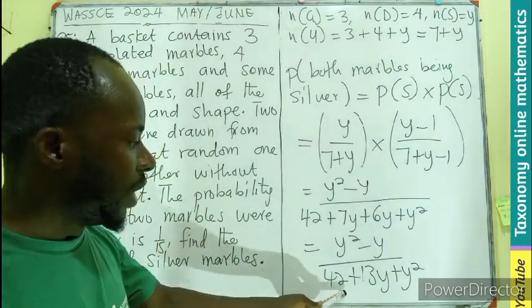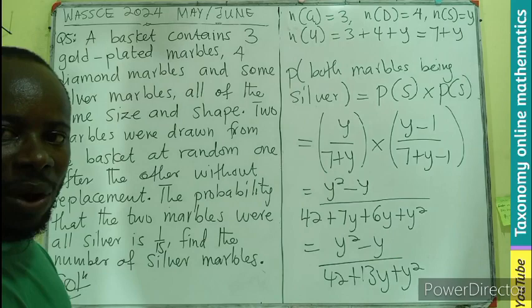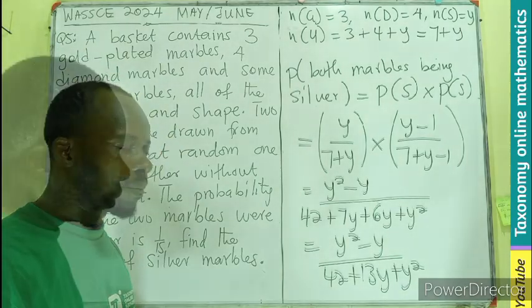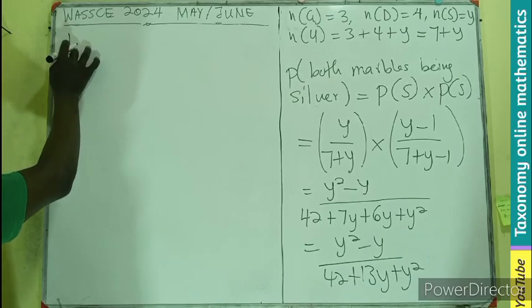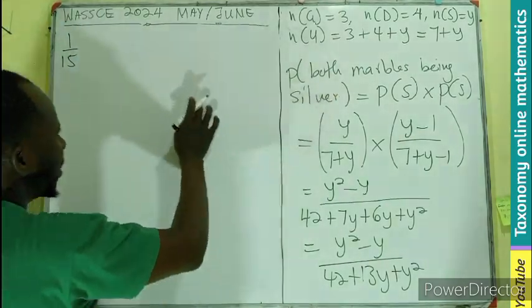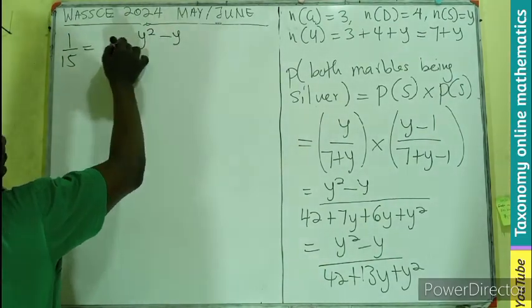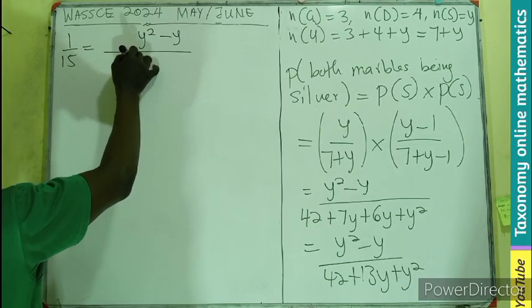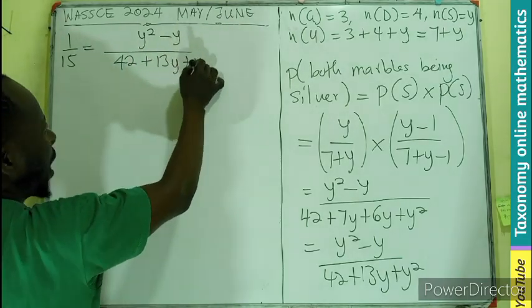All of this equals 1 out of 15, and then we can find what y stands for. So 1 out of 15 is equal to y squared minus y divided by 42 plus 13y plus y squared.